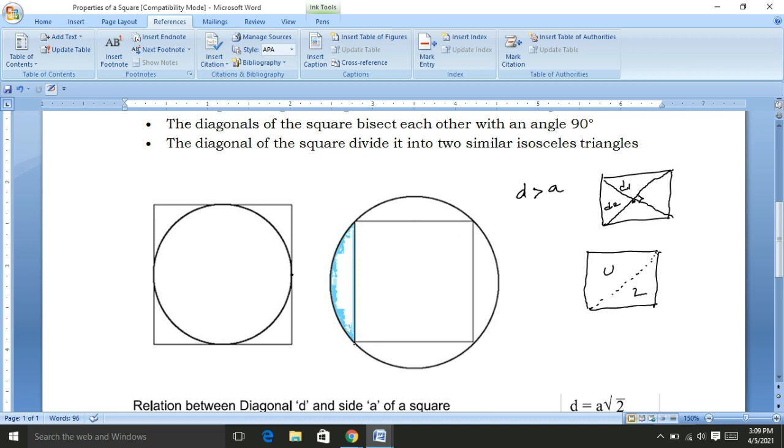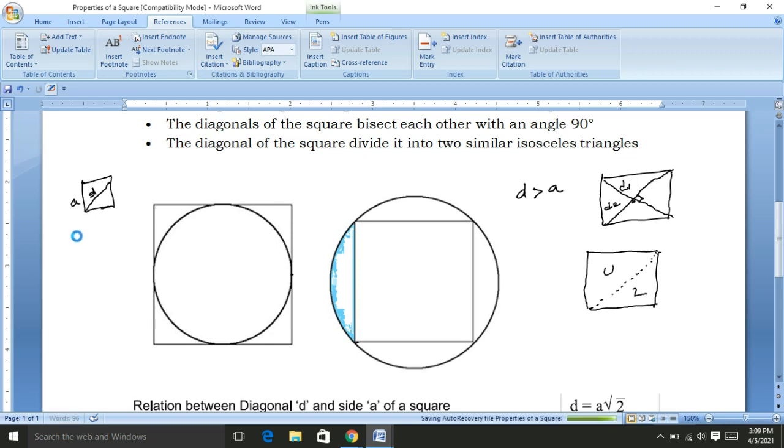The circumcircle is on the outer side of the square; we are able to draw it outside the square. The square is a two-dimensional geometrical model, right? So the side is A and the diagonal is D.